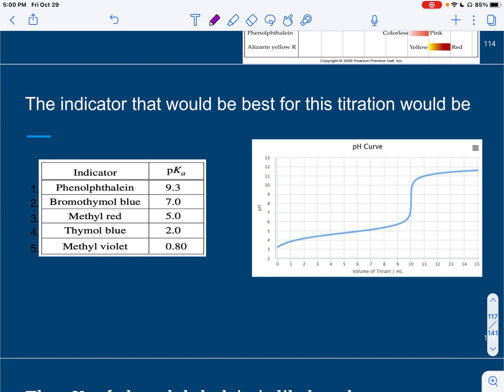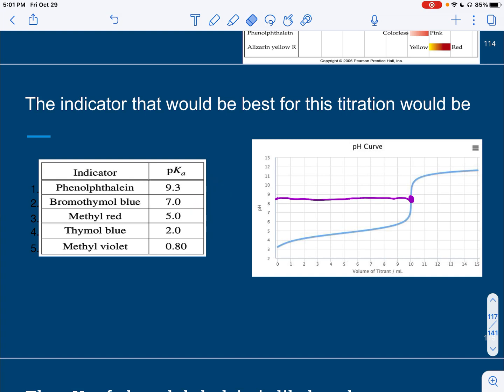And here we have the pKa's of the different indicators. So our pH curve, the best indicator for this titration would be, so we'll go to our equivalence point right about here. Around 8.5. So for bromothymol blue, you would expect it to be from 6 to 8. For methyl red, you would do 4 to 6 and so on.